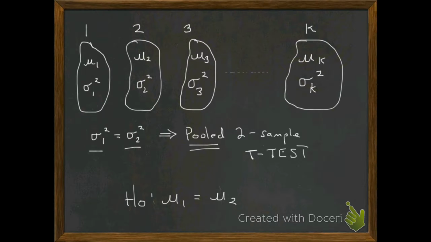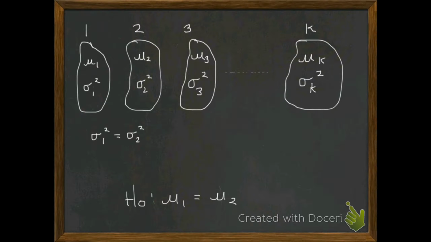Each of these populations has its own variance. Now, moving into ANOVA, we make the assumption that all of the population variances are equal.